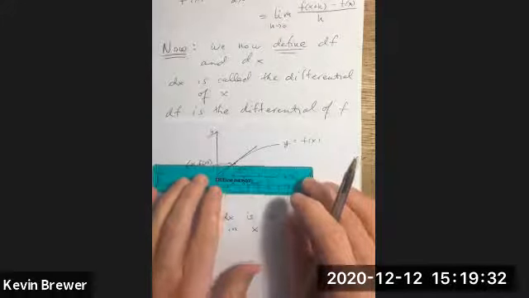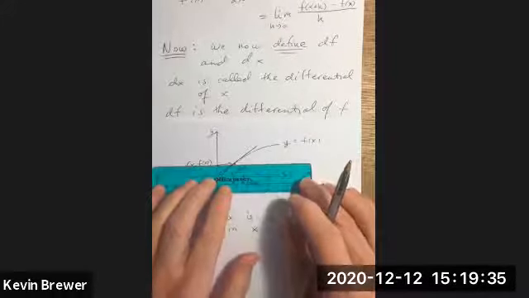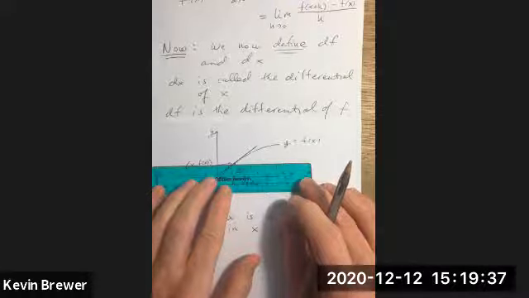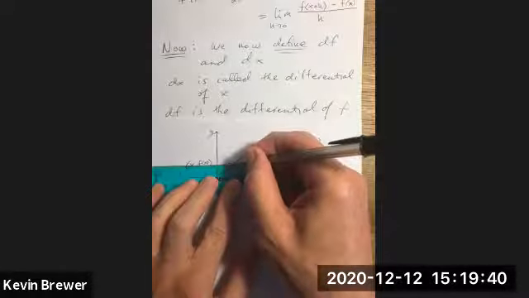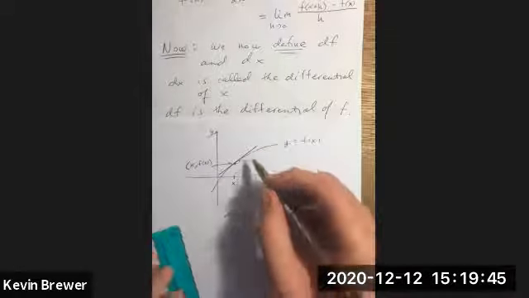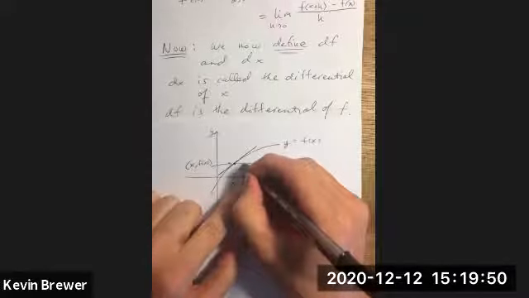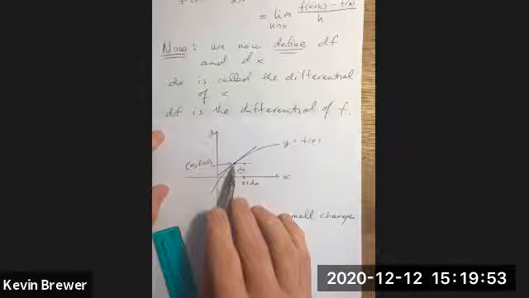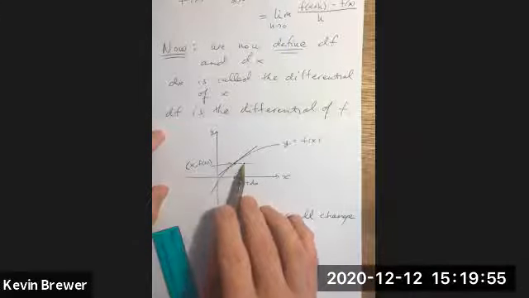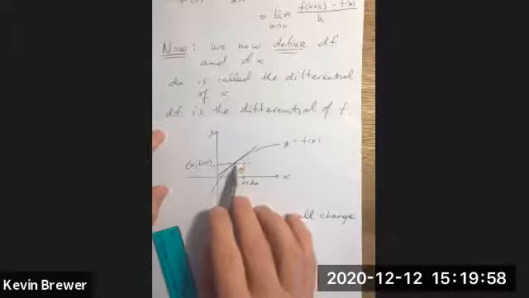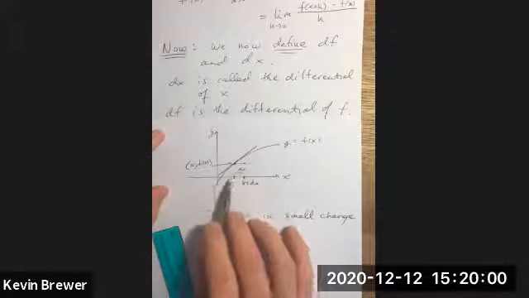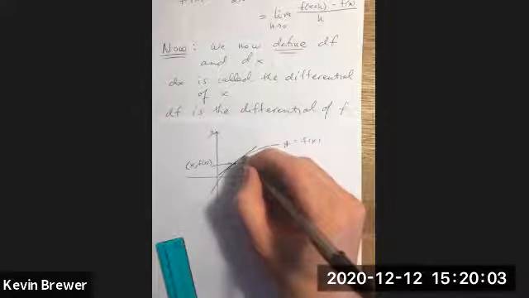If I sketch a line at height f of x, then we can come over here to x plus dx and ask ourselves, when we moved from x over a distance dx, how far did the tangent line change? What was the change in the height of the tangent line?